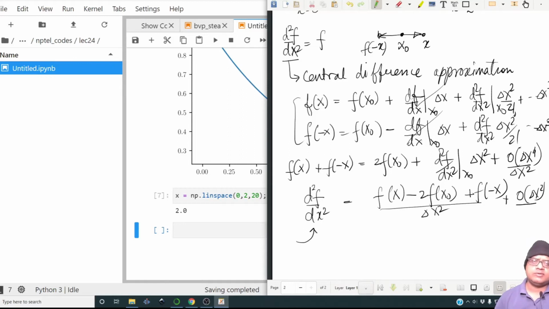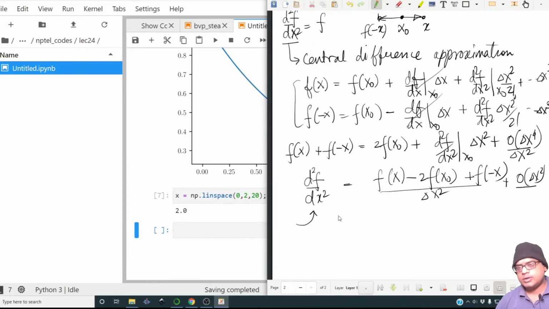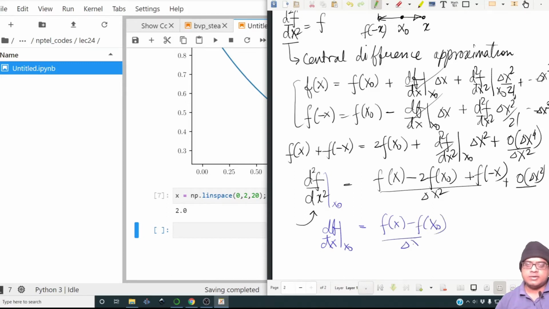But similarly, what we had earlier, df/dx at x naught, was simply f(x) minus f of x naught by delta x. And now I can choose x and minus x to be points coinciding with the neighboring grid.